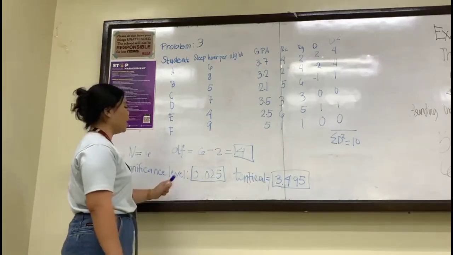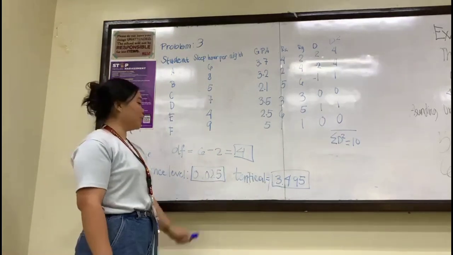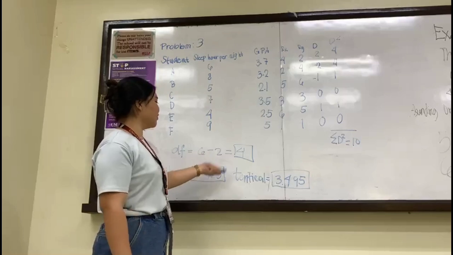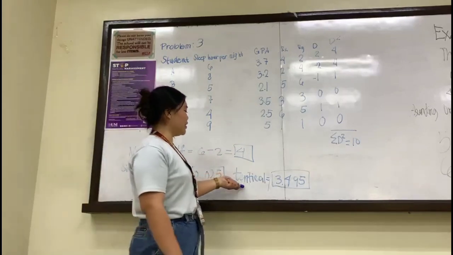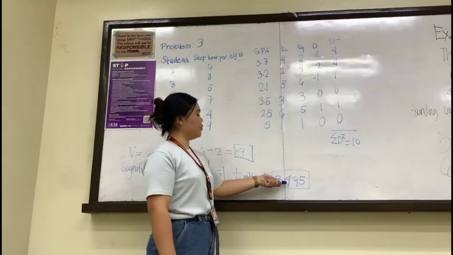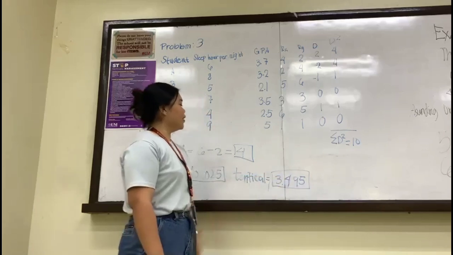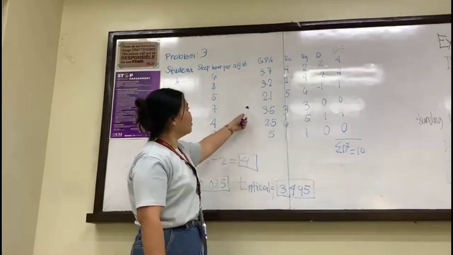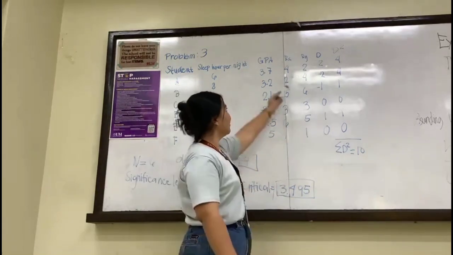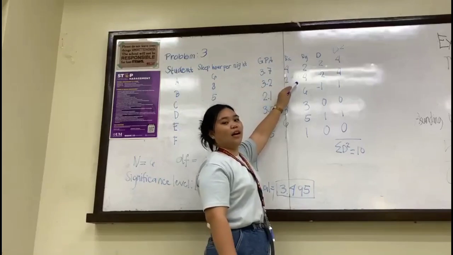So let's go to our critical table and find the value. And we find this t critical is equal to 3.4995.